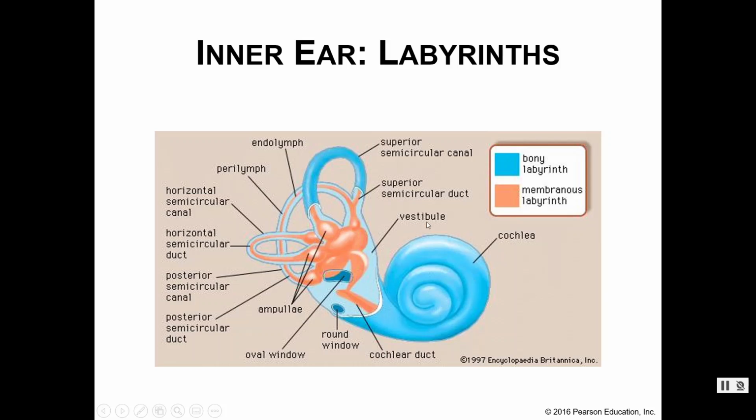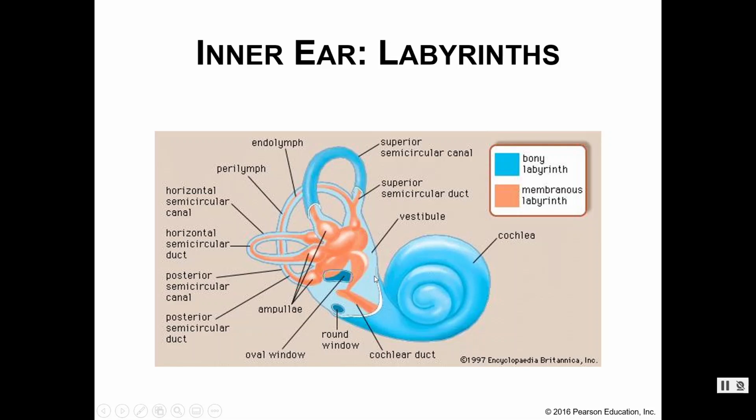Alright, so anything in blue is part of the bony labyrinth, anything in orange is part of the membranous labyrinth. So we can see blue versus orange very easily. The stapes has been removed, so you can finally see the oval window and see how it really is oval-ish shaped. This is a better image of the round window. You can see it really is round. Okay. Anything in dark blue would be the labyrinth itself.